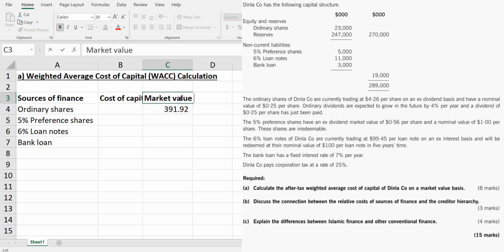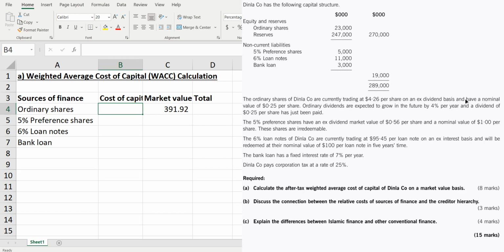We can also let the examiner know we're taking million in common, and cost of capital in percentage.